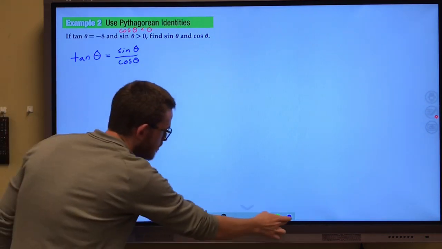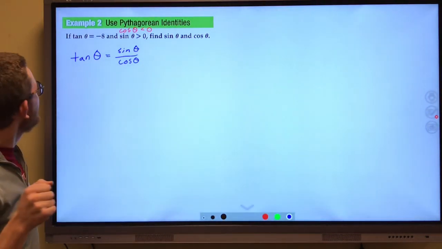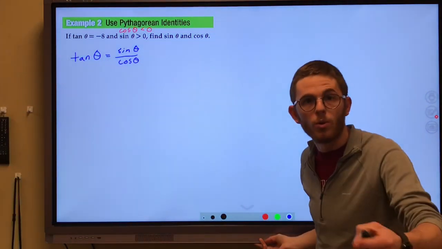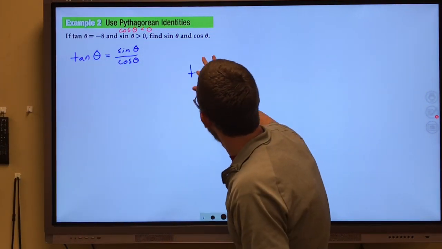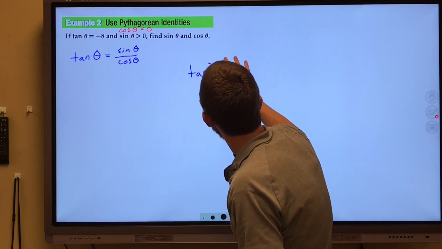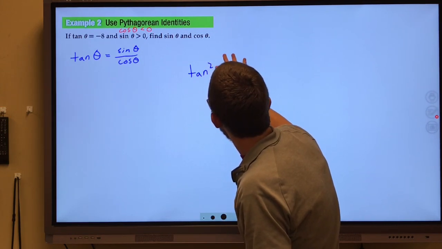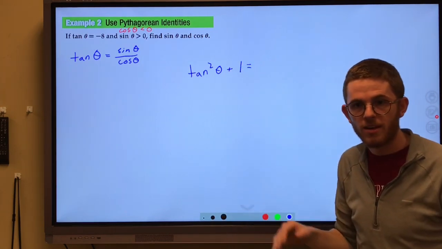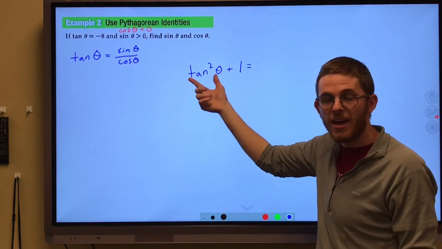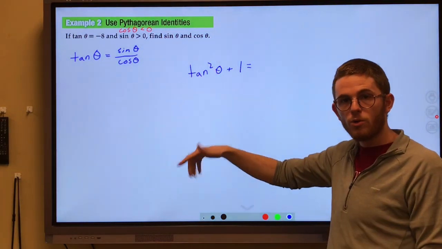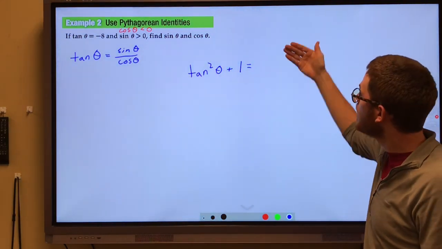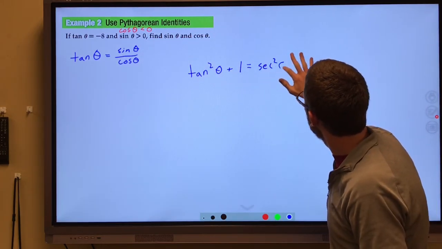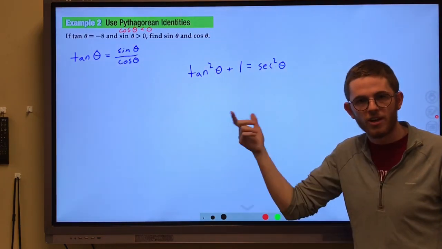So let's think about our tangent Pythagorean identity, the one with tangent. Tangent squared of our angle plus 1 equals secant squared theta. Tangent is sine divided by cosine, so we're dividing everything by cosine, and 1 divided by cosine, the reciprocal of cosine, is secant.